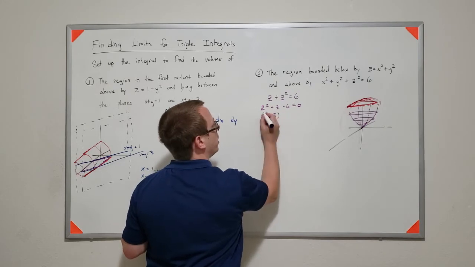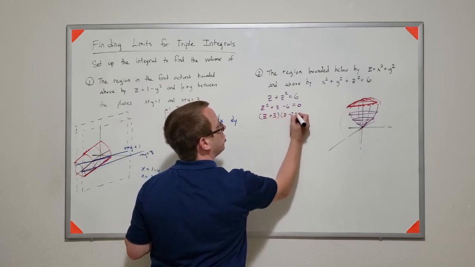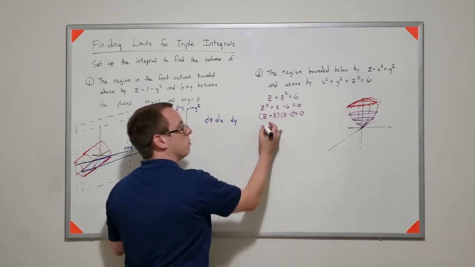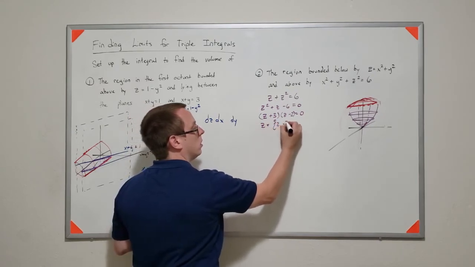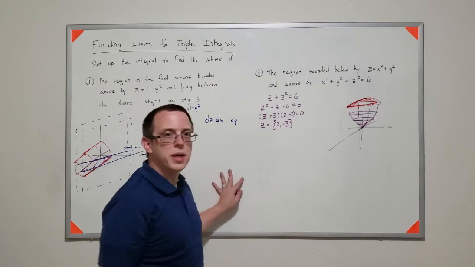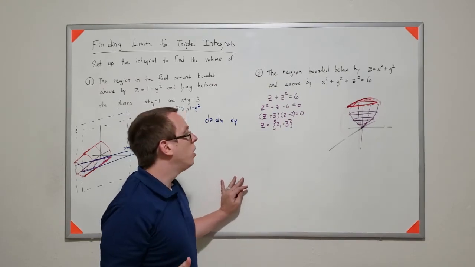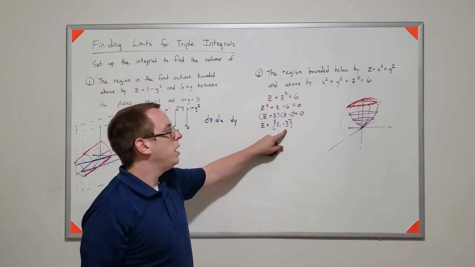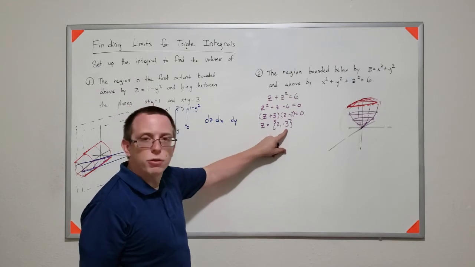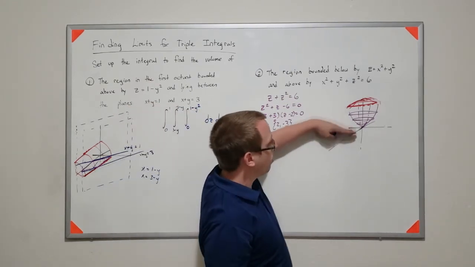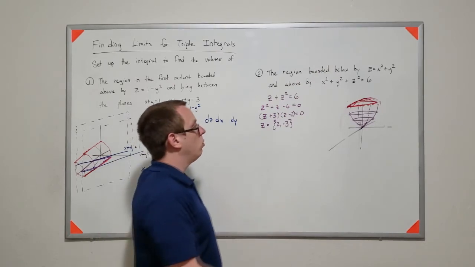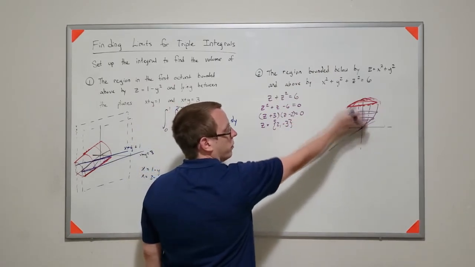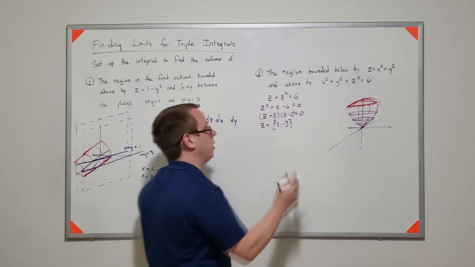Z plus 3, z minus 2 is equal to 0. So the two places where these things could possibly overlap is 2 and negative 3. But negative 3 doesn't make sense, right? Because we're always above the xy plane.